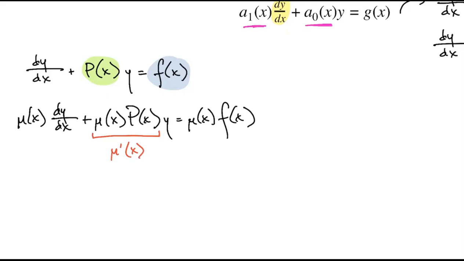So we've got this magical function, we multiply it through, and we've chosen this function so cleverly that this large piece right here is actually the same as the derivative of our magical function.